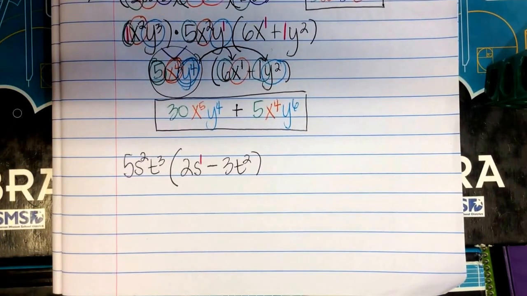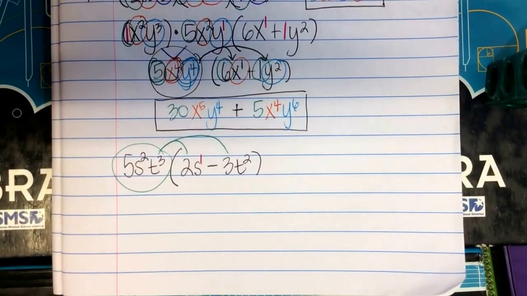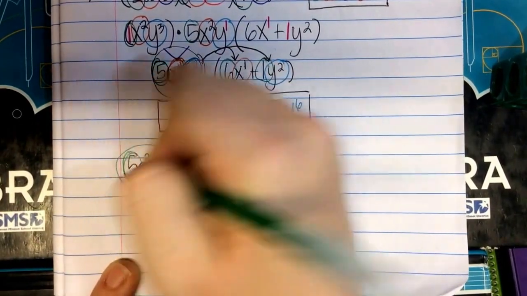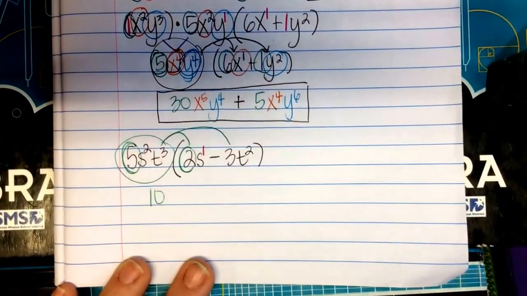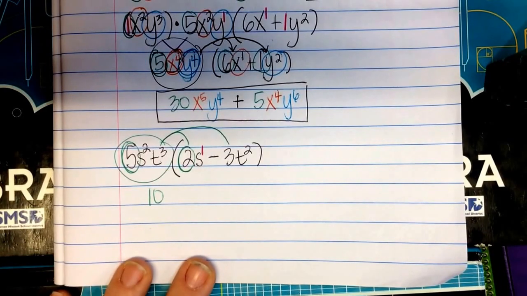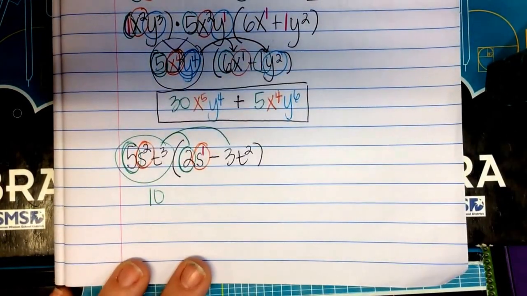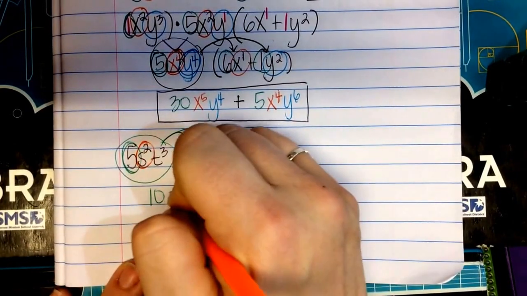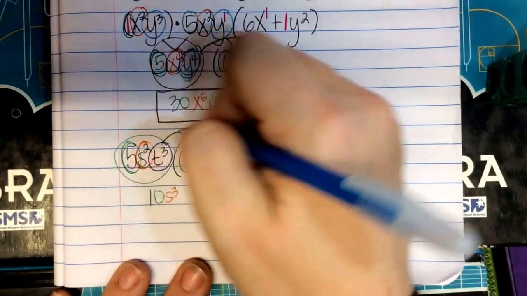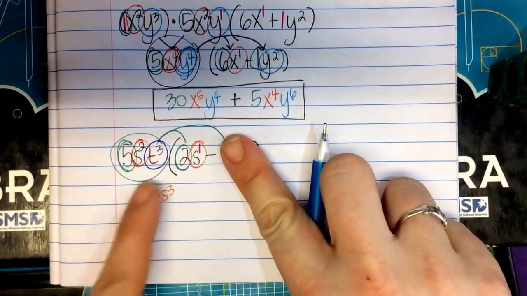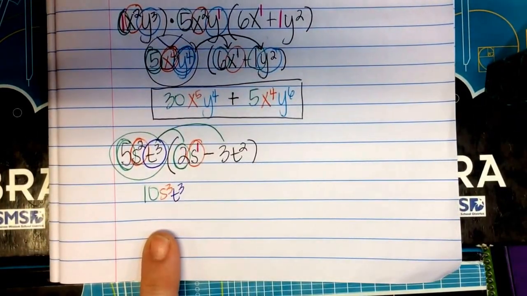Step number 1, multiply your coefficients. 5 times 2 is 10. S squared times s to the first, s to the third. T to the third times nothing, so what do I put? T to the third.